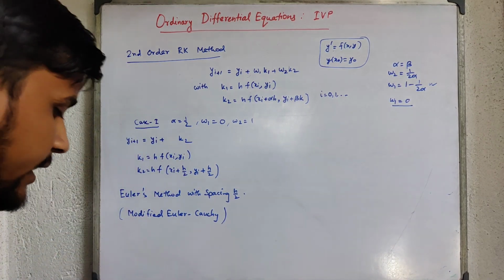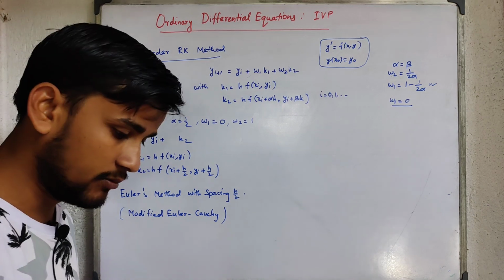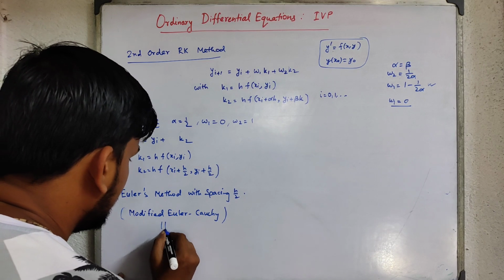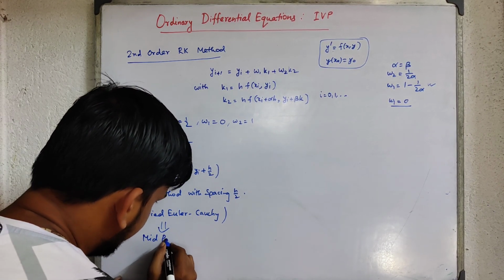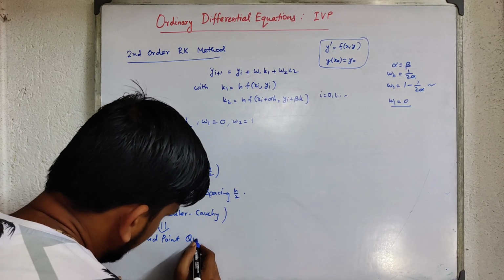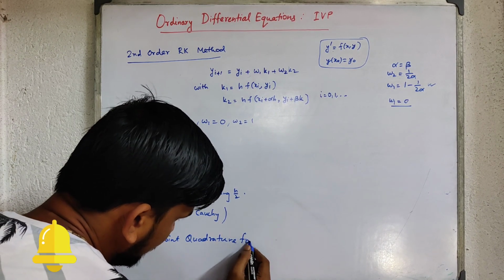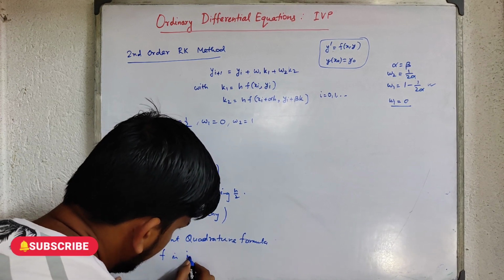This reduces to the midpoint quadrature formula when f(x,y) is independent of y.